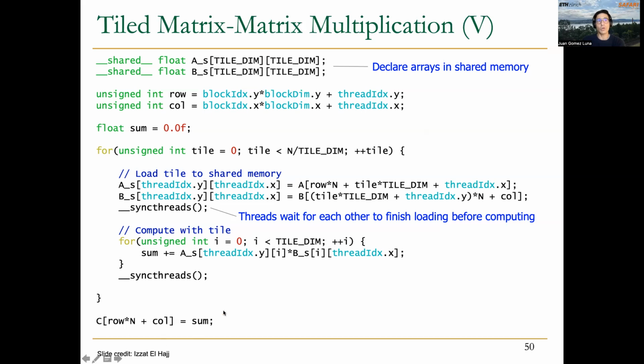And at some point, when we go through all the tiles, we will write the result in the final matrix. Observe as well that we need to have this __syncthreads also after this inner for loop, because threads will have to wait in order to make sure that all the data in the tile has been used as much as needed before replacing that data with the contents of the next tile.